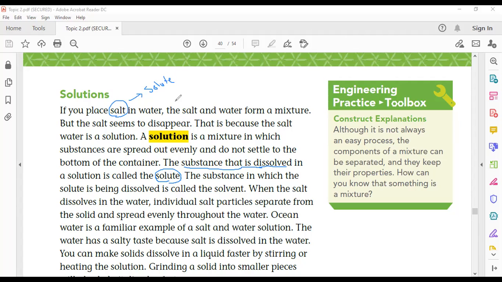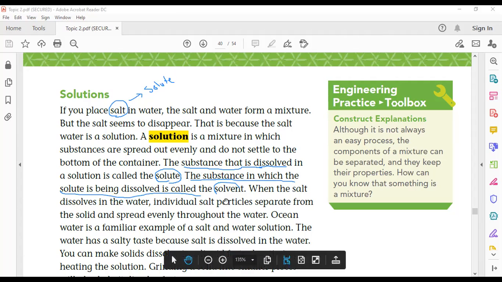And the substance in which the solute is being dissolved is called what? The solvent. Yes. Again, what are the components of the solution?